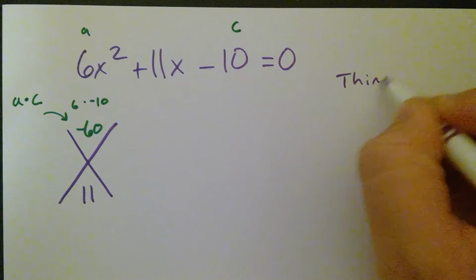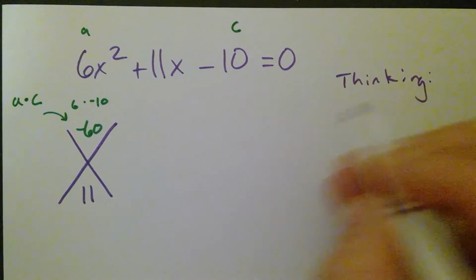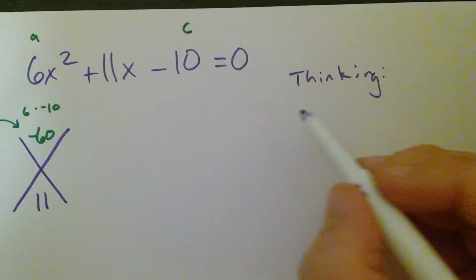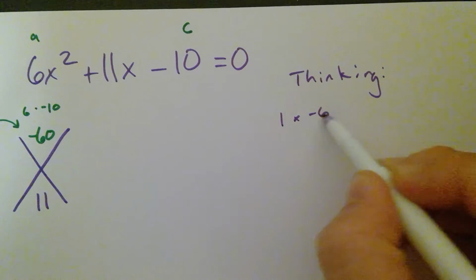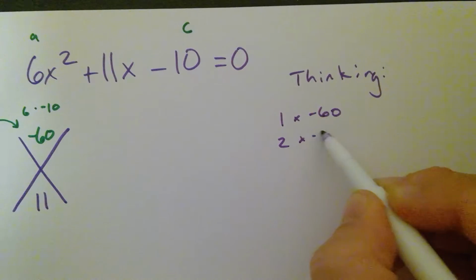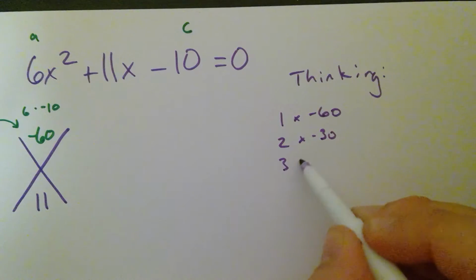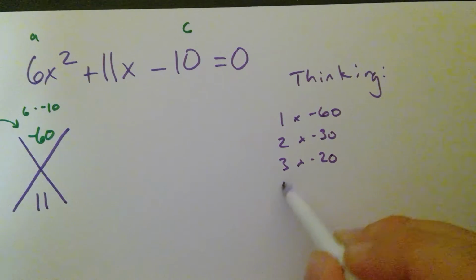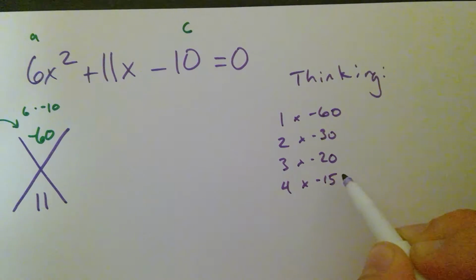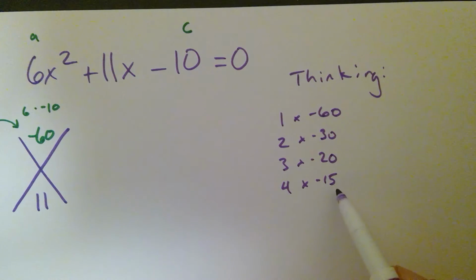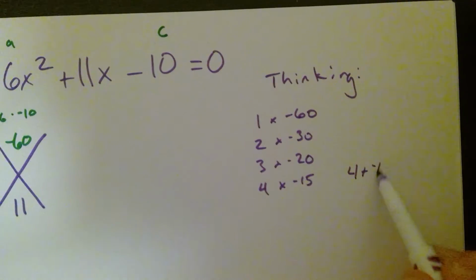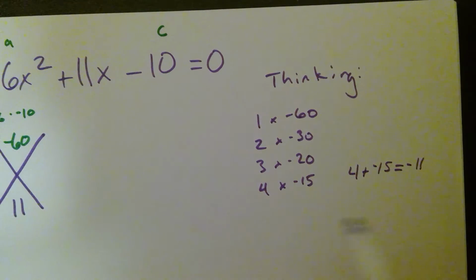Here's my thinking. So I have -60, so I have 1 times -60, 2 times -30, 3 times -20, 4 times -15. Oh, I think that might be something that we want to look at, because 4 minus 15 equals -11.